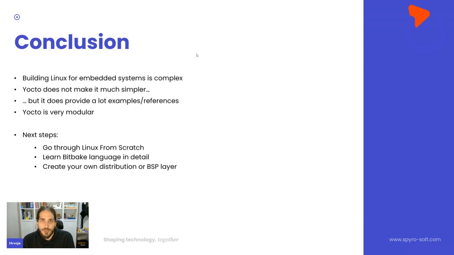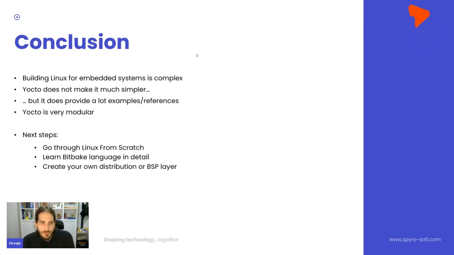You can very easily change configurations of images in your own layers, so you don't really need to go into existing layers. You just create your own layer, append some recipe that you want to change, and BitBake will recognize it, and it will build it as you wish.